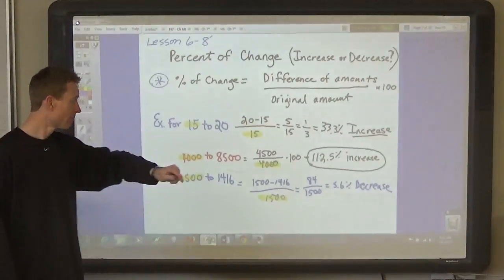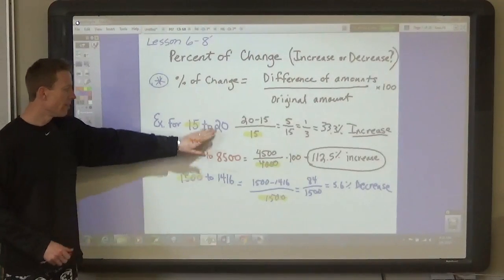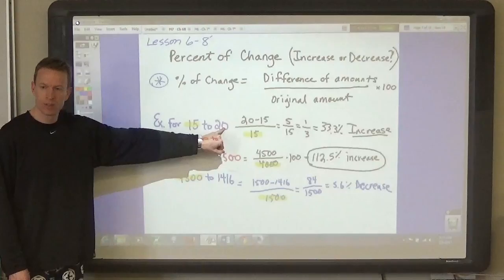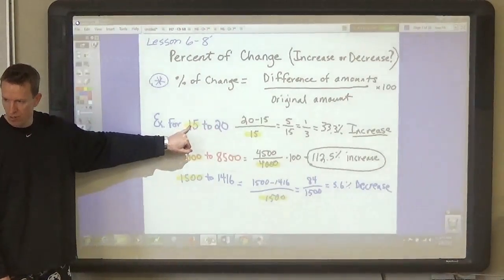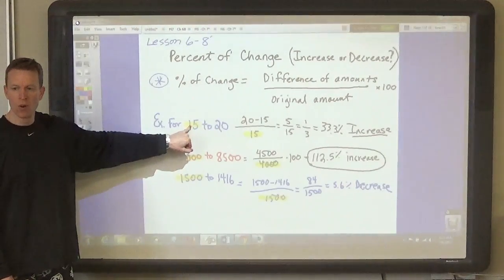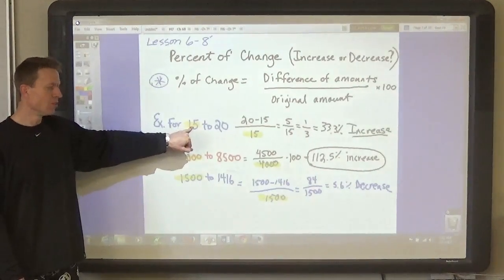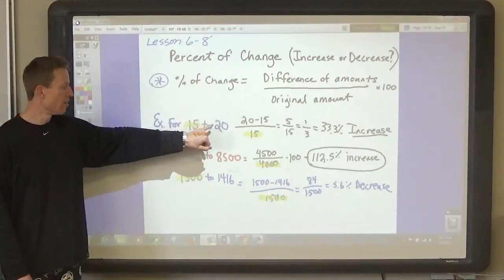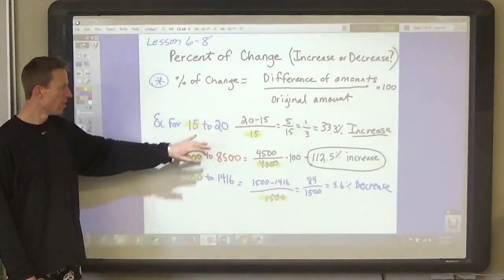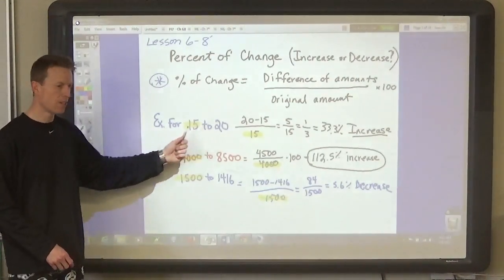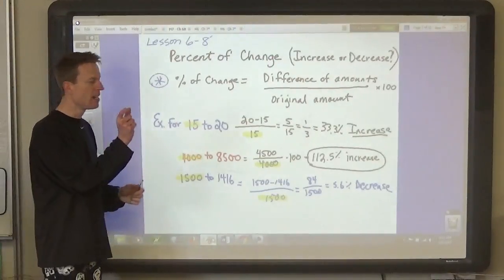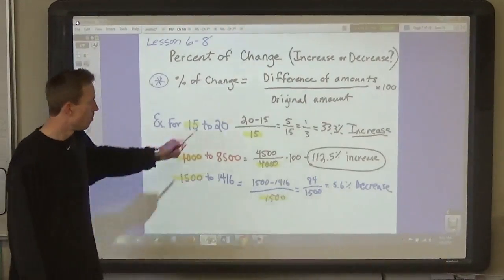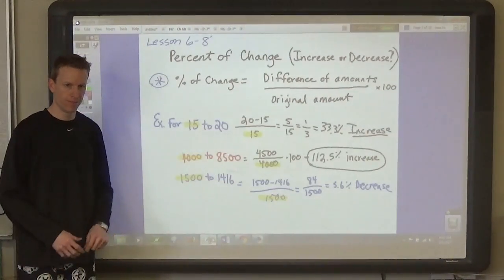Okay? So we either have to start with the bigger absolute value and subtract the smaller absolute value, or we have to use the absolute value instead of the number given. Okay? So make sure that you're finding the difference in their absolute values and not finding the negative number, but finding the positive difference between these two. Okay?